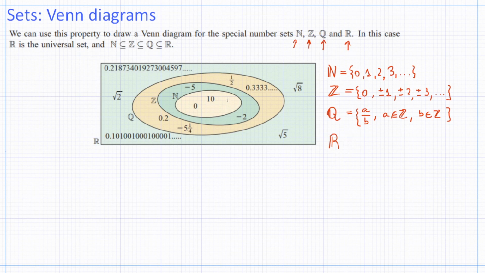So if we observe the way that the sets are organized here, we can see in the middle the natural numbers: 0, 1, 2, 3, 4, 10, 20. I'm skipping some numbers, but all the numbers in between, like 15, 16, all whole positive numbers, should be inside of this, which is your natural set.